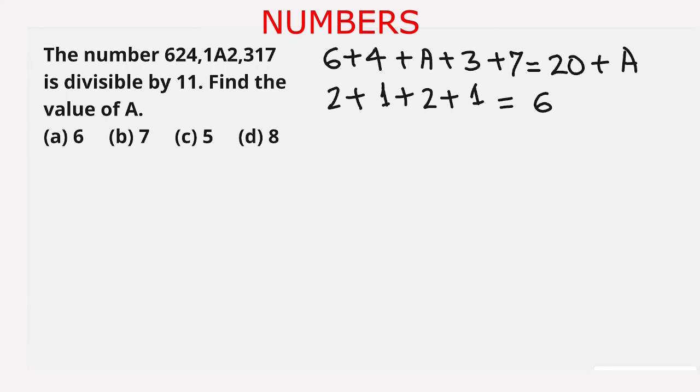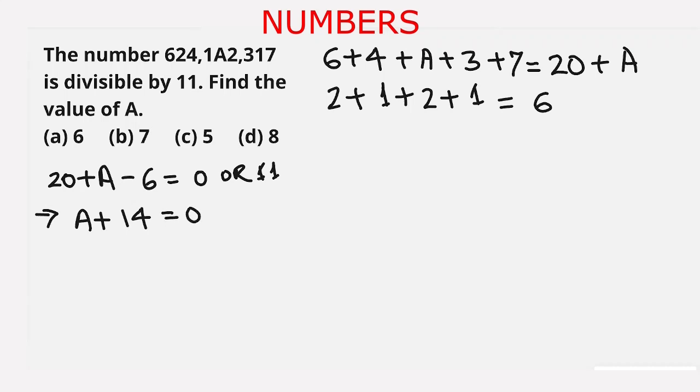Now we take the difference, and that difference must be equal to 0 or 11. 20 plus A minus 6 equals 0 or 11. A plus 14 equals 0 or 11. A equals minus 14 or minus 3. Now A cannot be minus 3, since A is a digit.